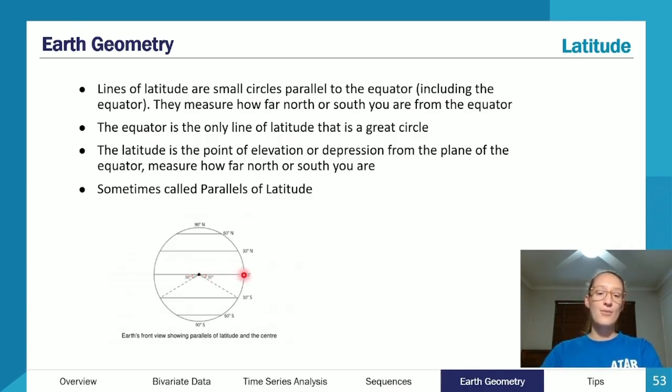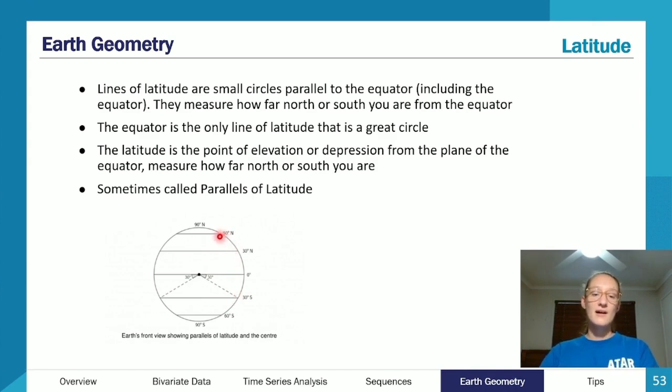If I had a point here on the Earth, it's at 0 degrees latitude, it's on the equator. Whereas if I have a point down here, we measure that as 30 degrees south because our angle of depression is 30 degrees. So it's 30 degrees south of the equator.